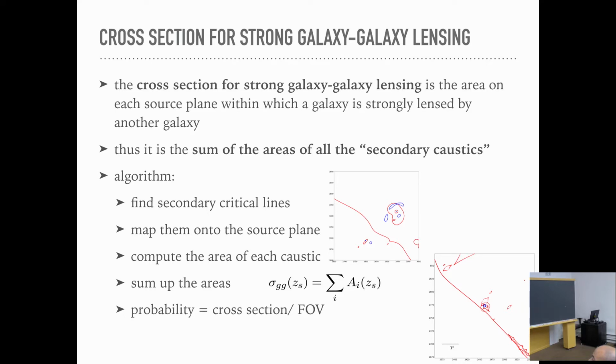And if we divide the cross section by the field of view within which we are looking through the lens, then we define the probability that a source on the source plane is being lensed as a set of multiple images, so as a strong lensing event.